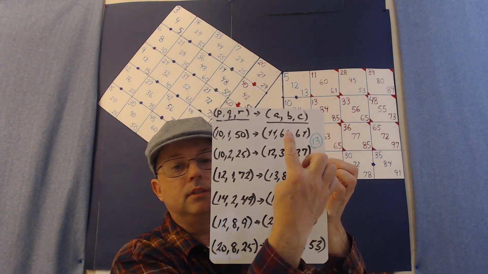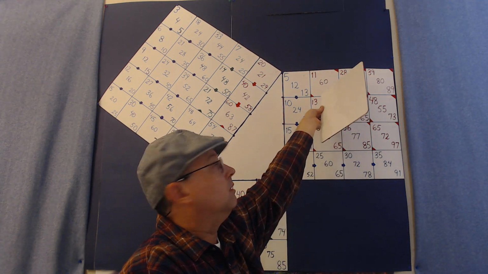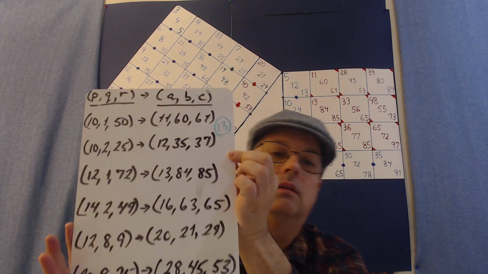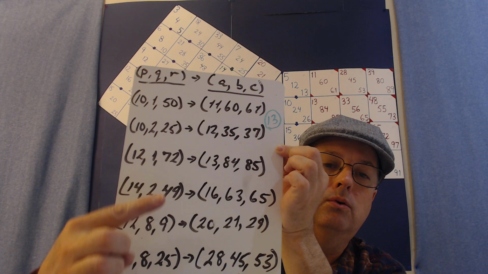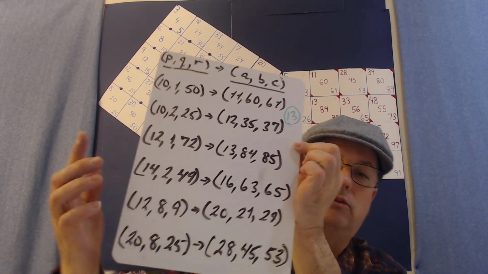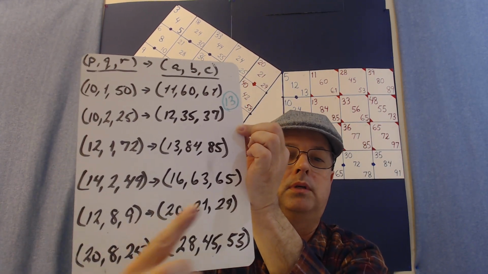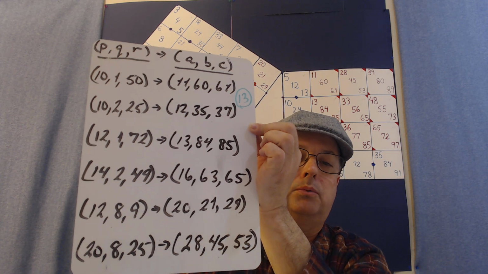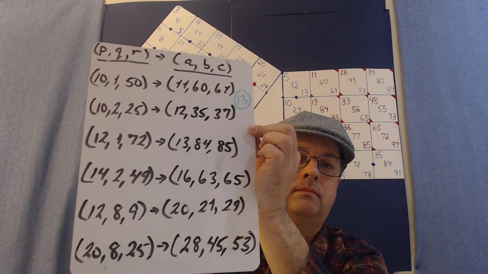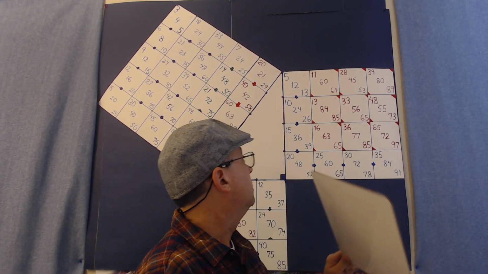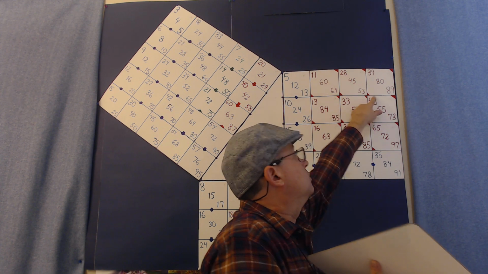You want the 11, 60, 61 right there? Okay. There are the P, Q, and R's that generate those primitive Pythagorean triples. And so that gets us this one, this one, this one, and this one.